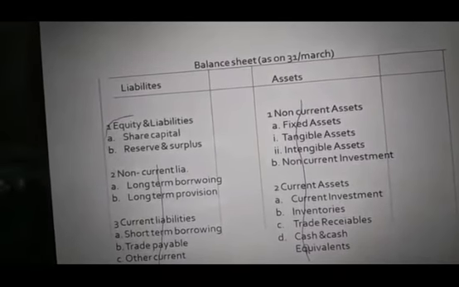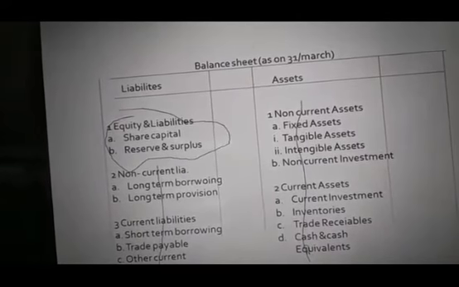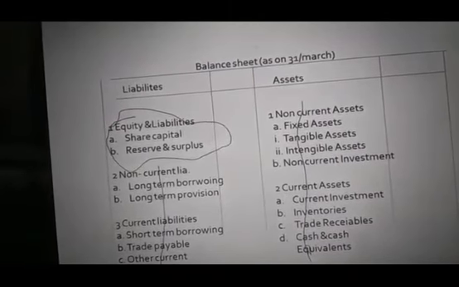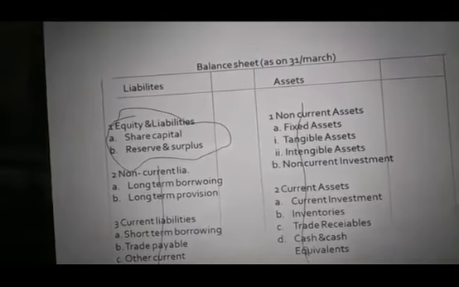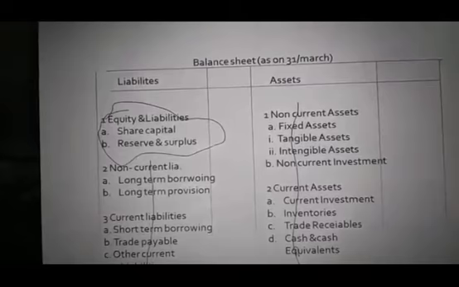Automatically equity will come, this will generate automatically, right? So this is one of the simplest ways to find out the equity.